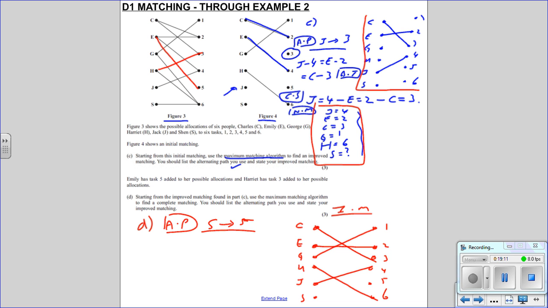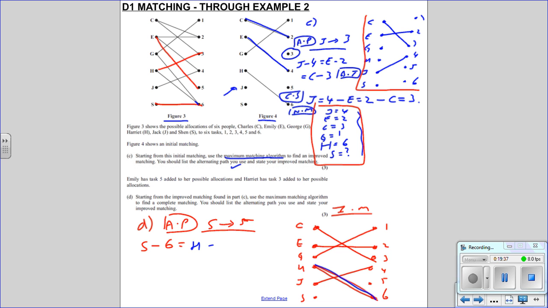And we'll start from S then. So S is currently mapped to, where's S mapped to? Nothing. So S can be mapped to 6, which we can see. So 6, but 6 is currently matched to H, which we know from here. So H, therefore, needs to be adjusted.